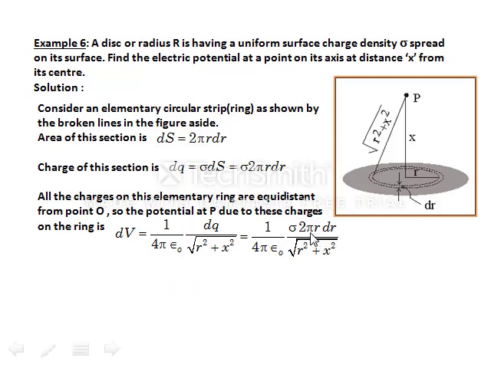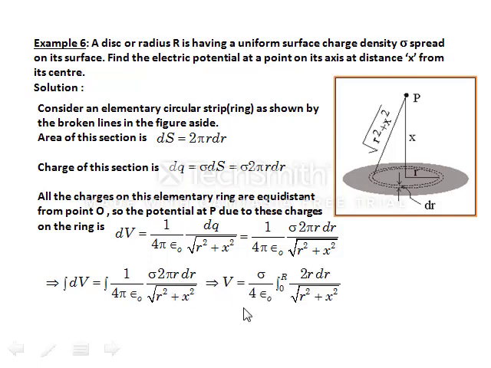This we have substituted for dq. Now integrating it, we'll find that some constant factors will be taken out. We'll simplify it, we'll get it this way. Now this 2 is also a constant factor, but we haven't taken it out because this will help us to integrate.